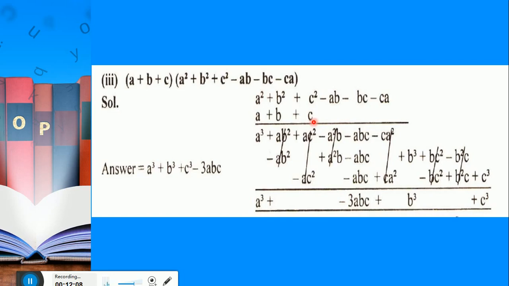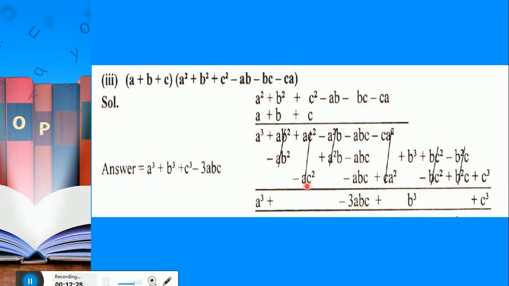So it will be minus bc square. Write it exactly below the bc square term. Now multiply plus c with minus ca. It is minus c square a. So write it exactly below the ac square term.